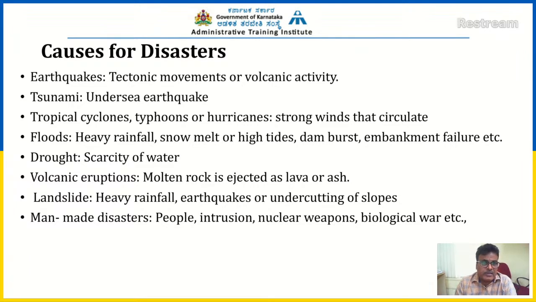For example, the water resource department or irrigation department is supposed to maintain the embankments, and if they do not maintain them properly every year, the embankment is likely to fail during heavy rainfall. Even a dam burst can happen if it is not maintained properly. So those are the causes of flood.